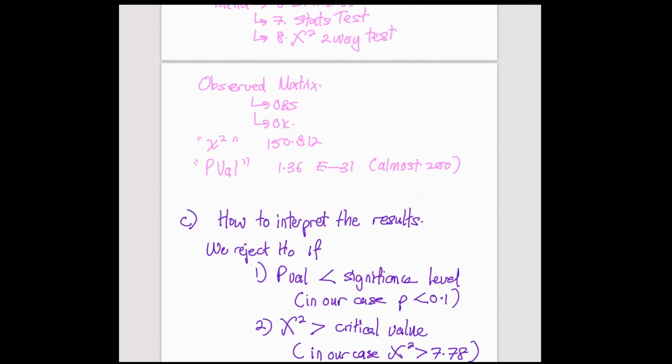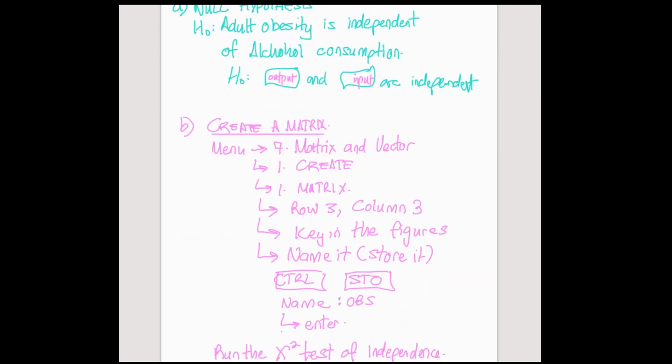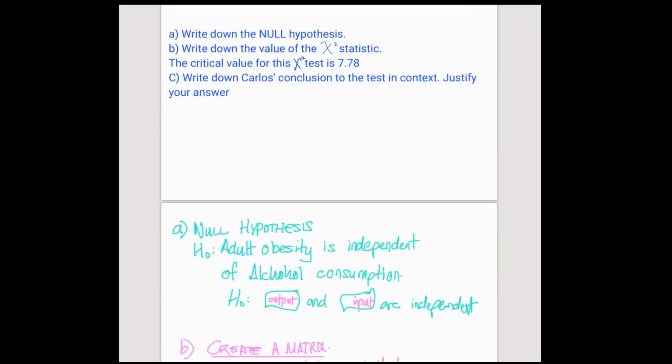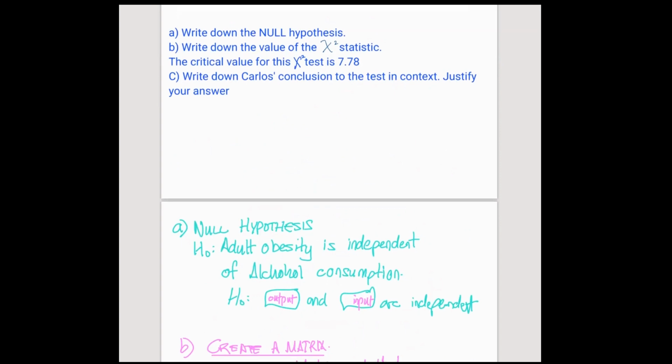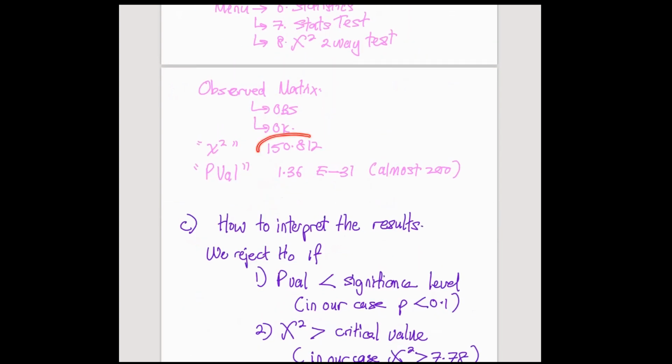Chi-square was 150, and the p-value was very small. So what was the question? The question was, write down the value of the chi-square statistic. So the value of the chi-square statistic is 150.